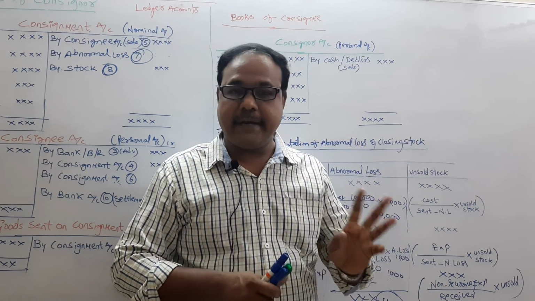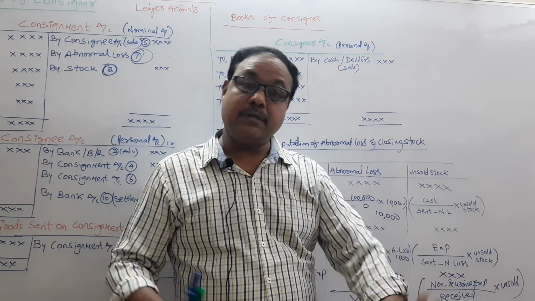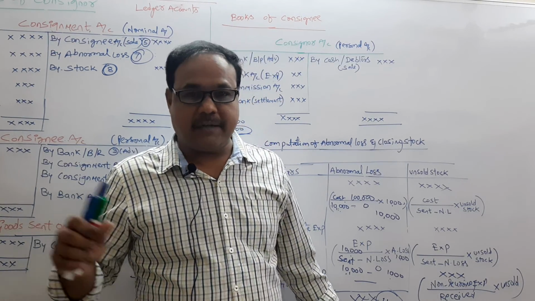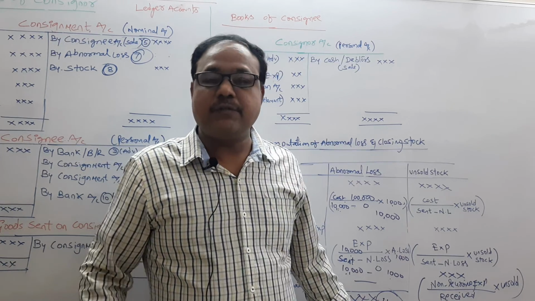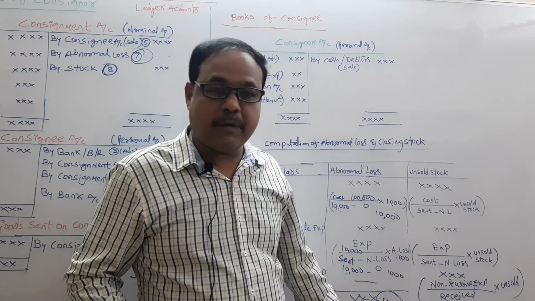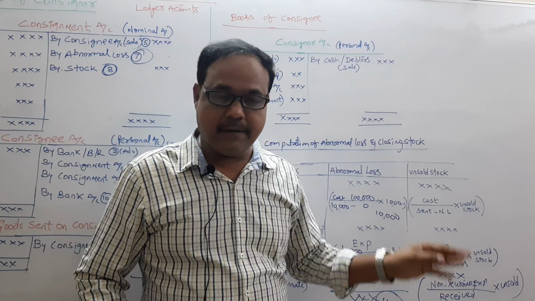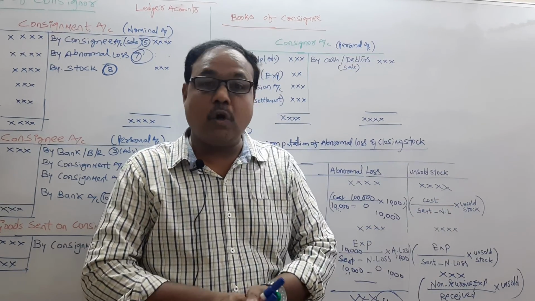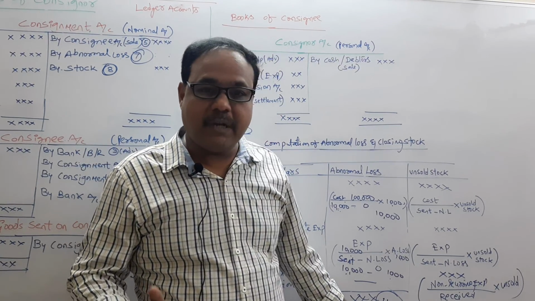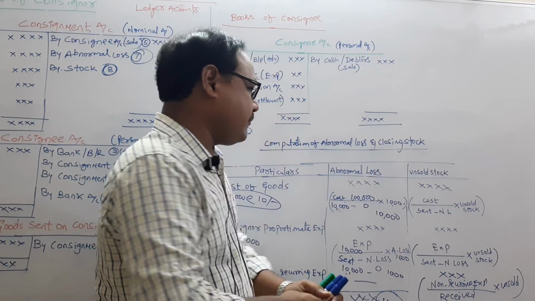Third example, your insurance amount is around 12,000, more than the loss. Don't ask me whether it is possible in practice. It is possible practically. Your insurance is 12,000, your actual abnormal loss is 11,000. Still I consider in the consignment account credit side abnormal loss 11,000. Don't take 12,000. It is restricted to the cost of abnormal loss only. So this is the calculation of the abnormal loss.